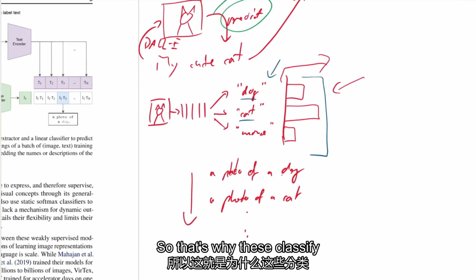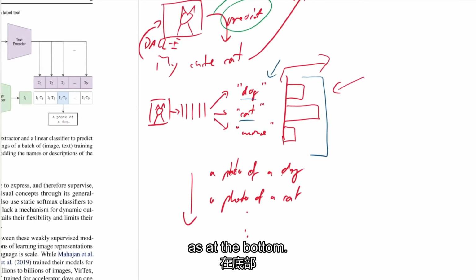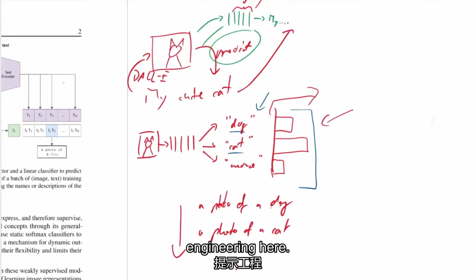So that's why these classifiers at the bottom were constructed from the labels of the data set, but with a prompt that has been adapted by humans to work particularly well on that data set. So we're sort of back to prompt engineering here.